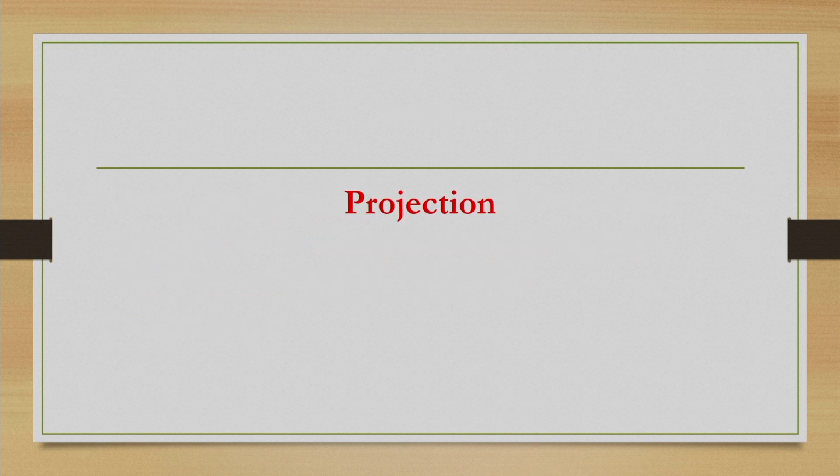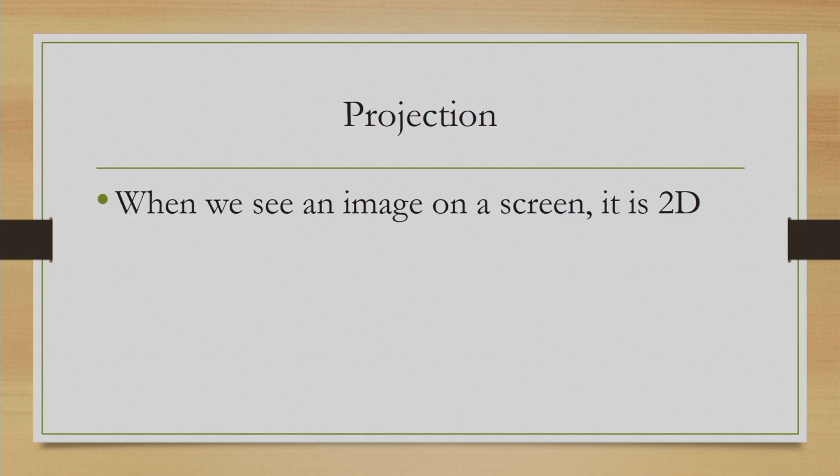Let us try to understand the basic idea behind projection before we discuss the projection transformation. So, why do we require projection? We all know when we see an image on a screen, it is a 2D image. The image is displayed on a 2D computer screen.